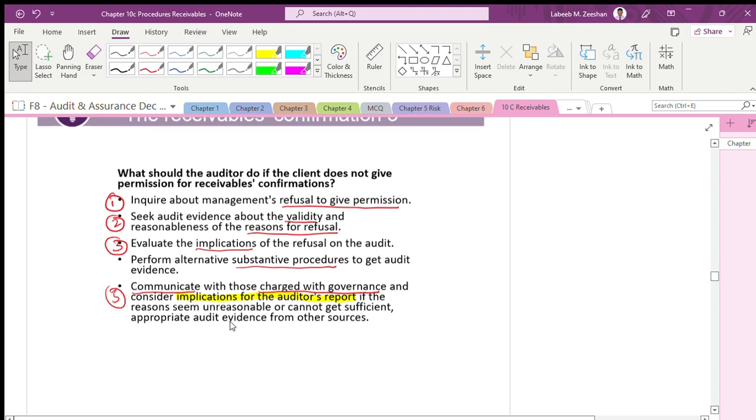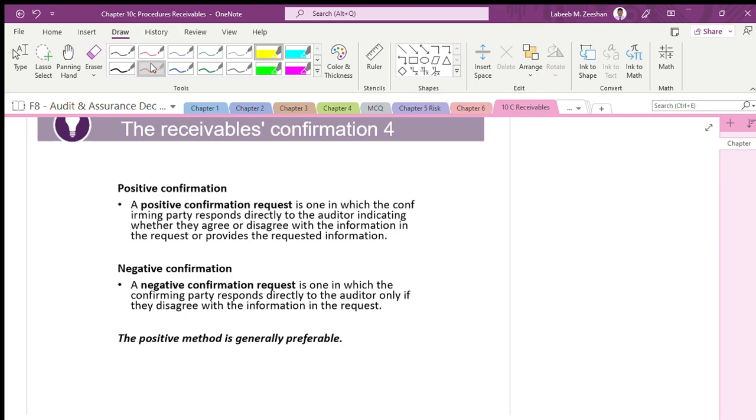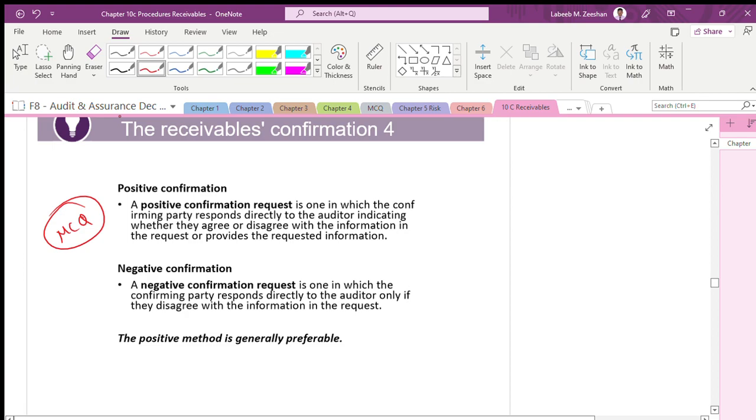Now, it says there will be two types of confirmation. This will be there in the MCQ. Very simple, not difficult at all. A positive confirmation is where the client will respond. A positive confirmation is a confirming party responding directly to the auditor, indicating whether they agree or disagree.